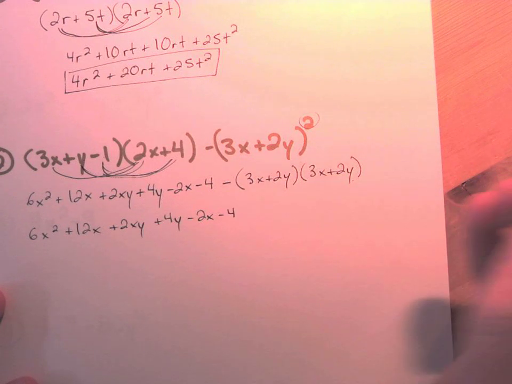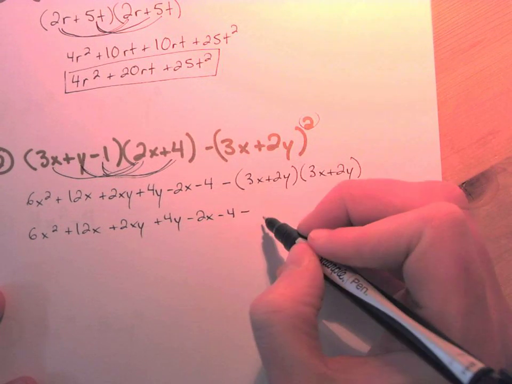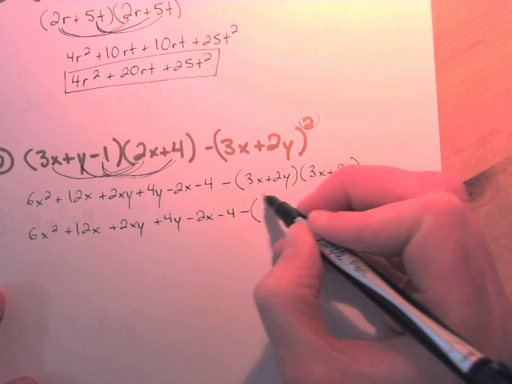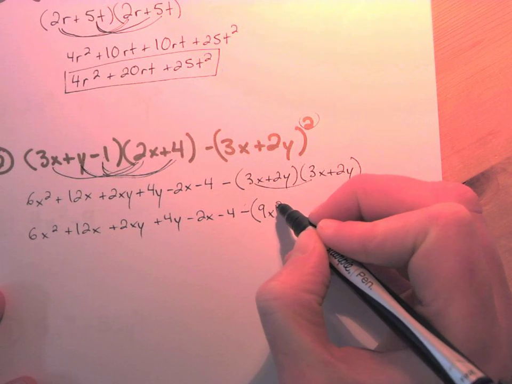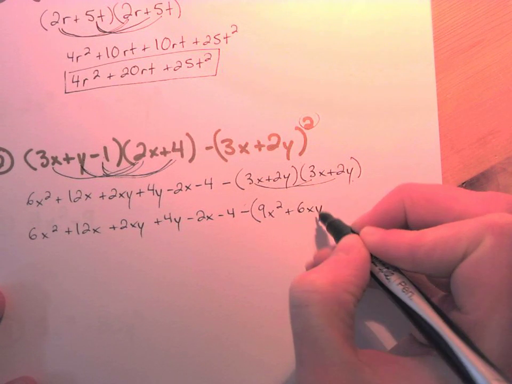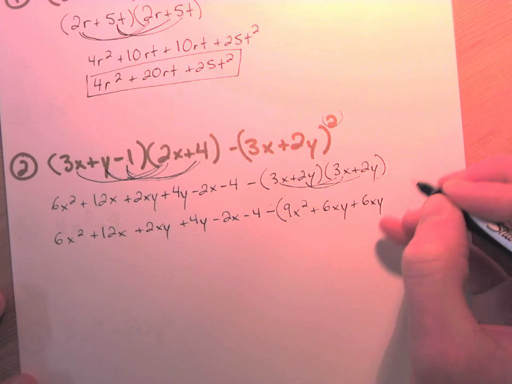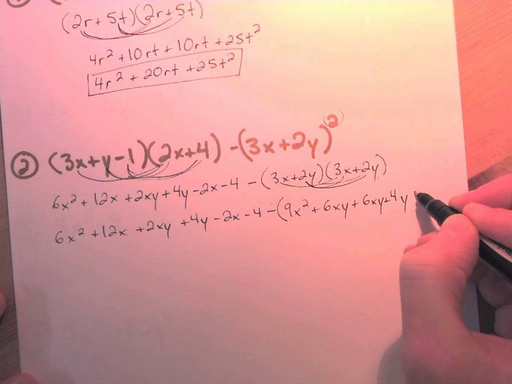The negative is still there though. So with that negative, I still need to draw a bracket, because that negative is going to end up distributing on the inside of this. So what's 3x times 3x? 9x squared. 3x times 2y is 6xy. 2y times 3x is 6xy. And 2y times 2y is 4y squared.